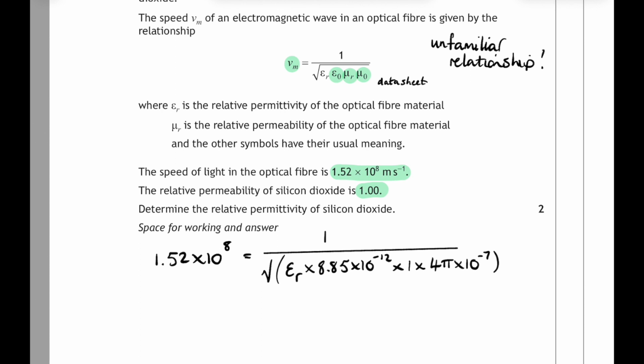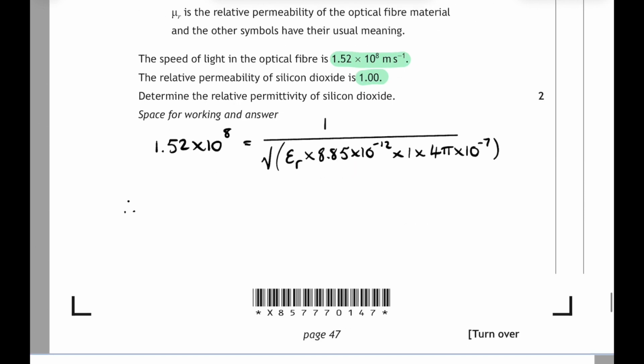And then we're going to rearrange that and try and find E subscript r. And the way to do that is to square both sides. That will get rid of the square root sign on the bottom on the right hand side. And then rearrange it for the relative permittivity of silicon dioxide. That's epsilon subscript r, or E subscript r.